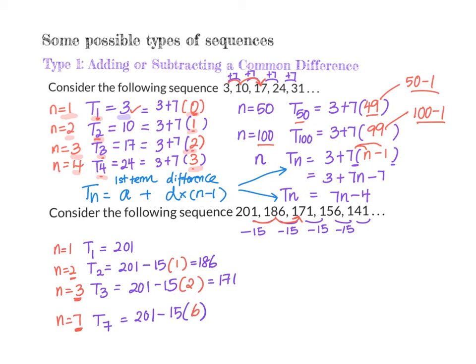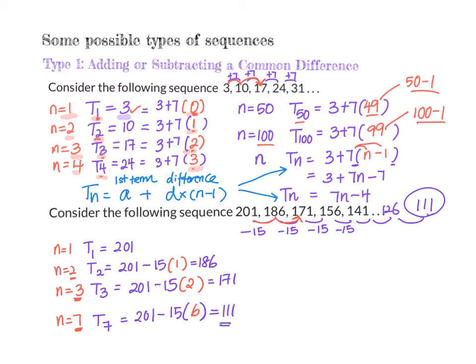And that gives me an answer of 111. Let's take a look. Term 1, 2, 3, 4, 5. What is term 6? And that gives me 126. What is term 7? I got the number 111. So therefore, this property holds.